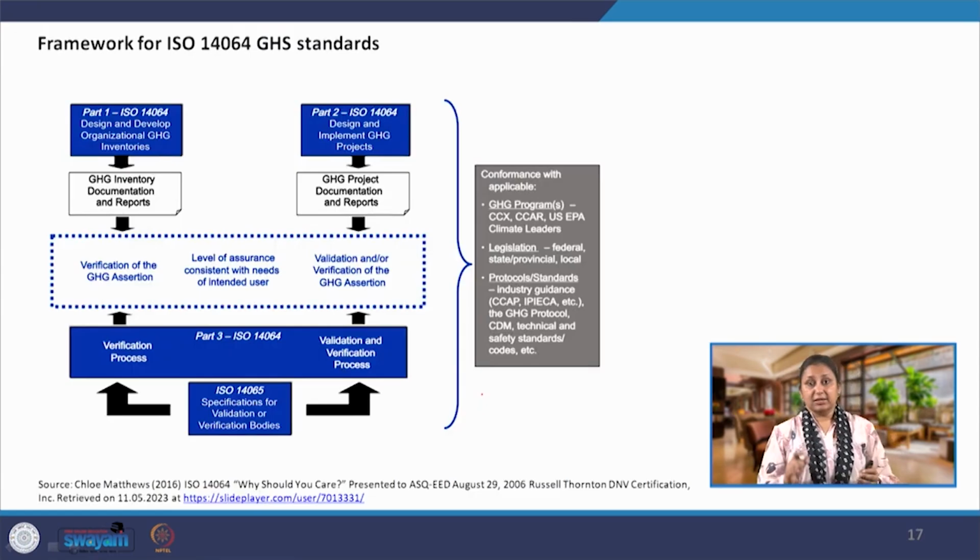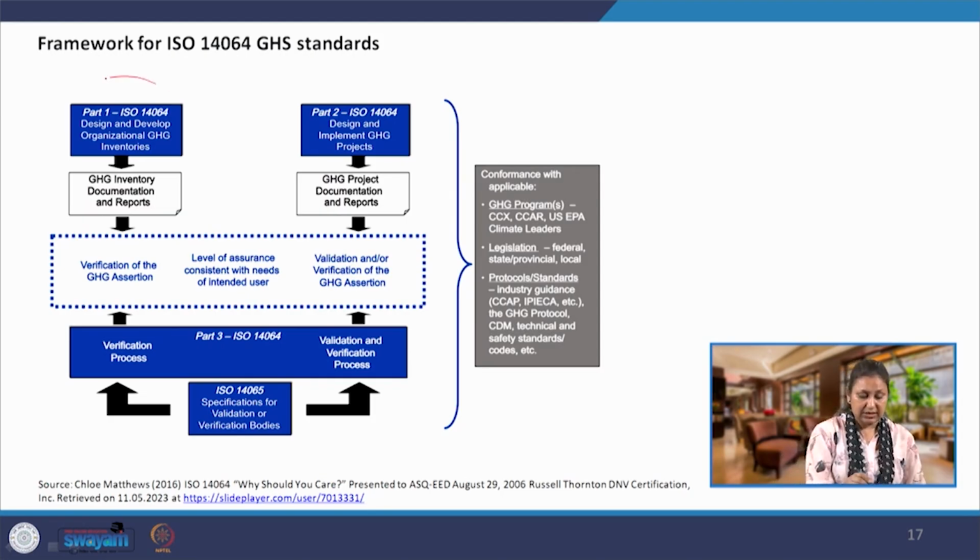So, if you look at the ISO 14064 and look at the broader framework, we have this part 1, which is design and develop organizational GHG inventories. So, part 1 of 14064 talks about design and development of organizational GHG inventories.